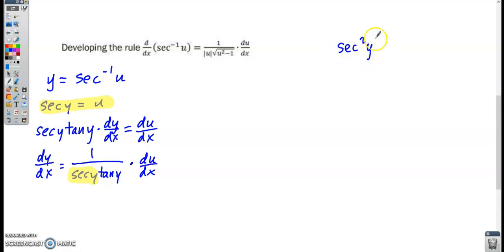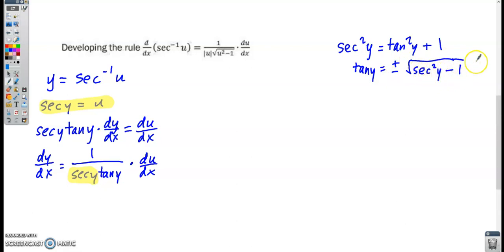We've got that secant squared of y is equal to tangent squared of y plus 1. And so since I'm trying to replace tangent, I'm going to solve this for tangent. And we end up with tangent of y is equal to plus or minus the square root of secant squared of y minus 1.